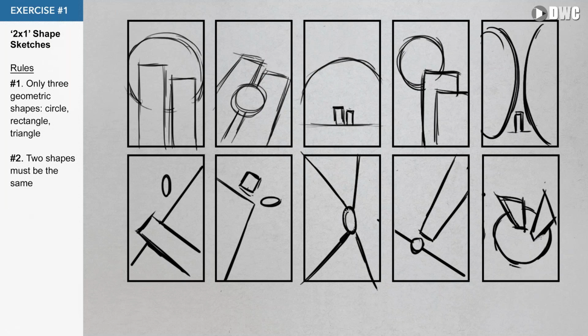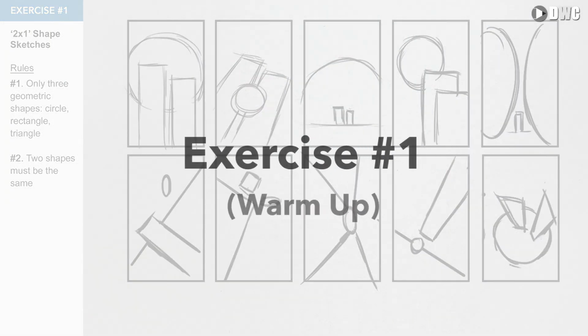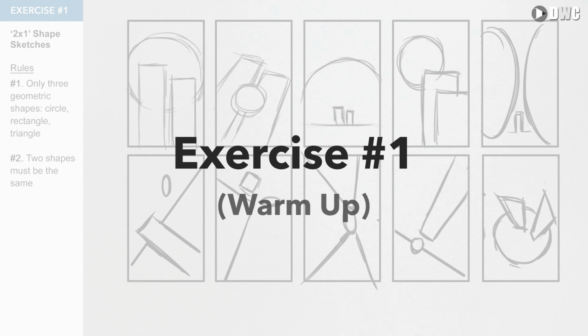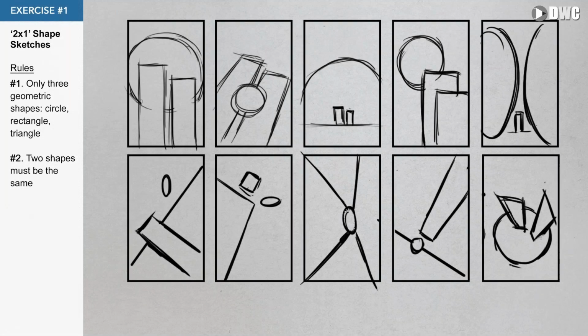We're going to begin with a simple and fun warm-up exercise called the 2x1 shape design sketch, and you can follow along with me. The rules are real simple. We're going to sketch just a quick compositional thumbnail, and we can only use 3 geometric shapes: circles, squares or rectangles, and triangles.